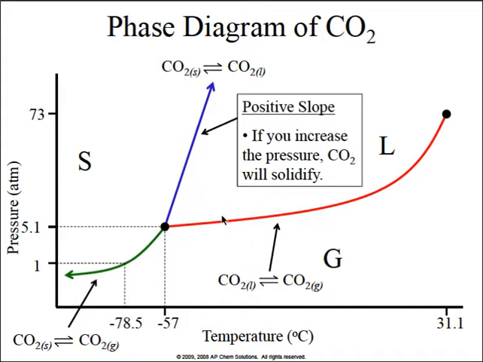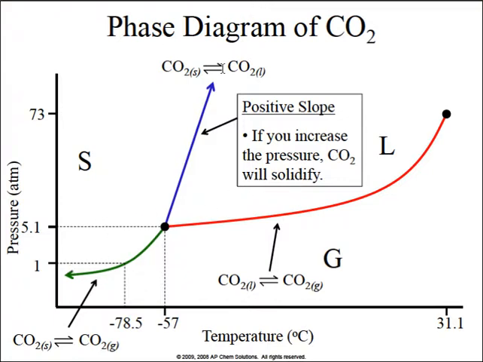Now notice something very special. At 1 atmosphere, that's where we are on Earth, right? At maybe 1 degree Celsius, which is around here, notice that at 1 atmosphere, the solid turns right into a gas. Solid carbon dioxide is called dry ice. If you've never known dry ice, it turns from a solid to a gas in what we call sublimation.